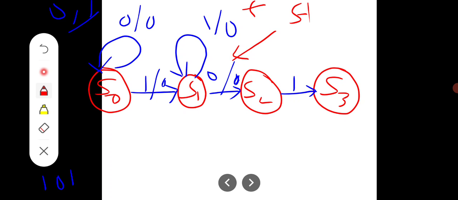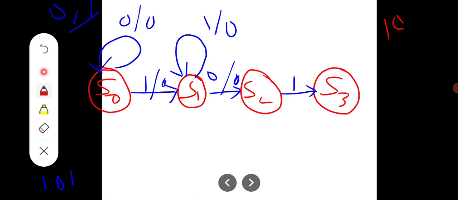But whenever 0 is detected, it is moving from S1 to S2 state. So here also the possibility is over. Suppose in the S2 state, up to now our 1 is over and 0 is also over.